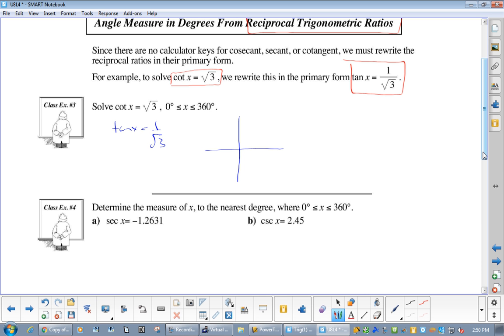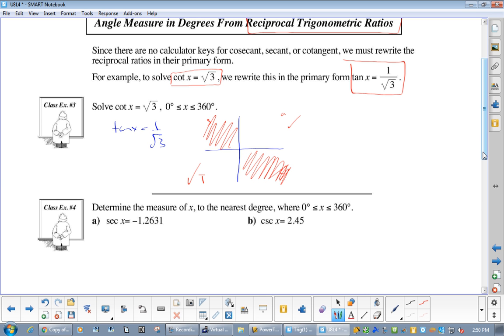So now, where is tan positive? At. See? I'm getting you. I'm finally understanding you, Mary. It's taking me a while. I'm getting it. So now reference.